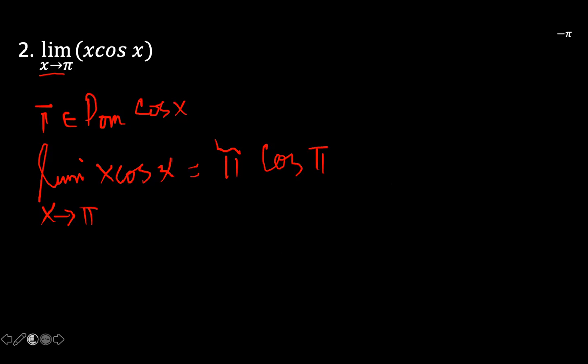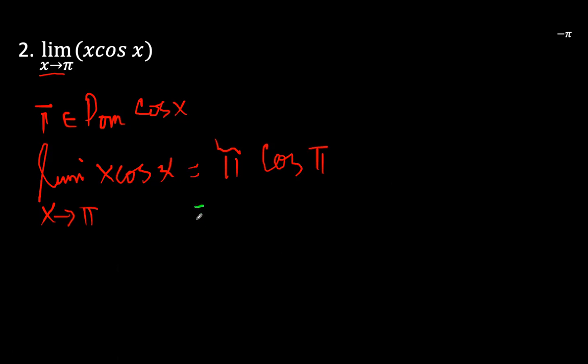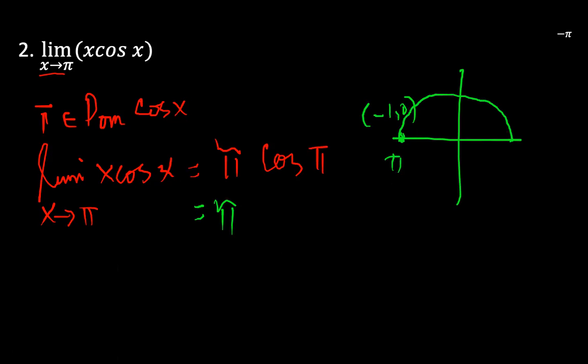Okay, so I'm using red. And here, we need to find the value of cosine pi, and we know that pi is here, and the point here is negative 1, 0. So if we have a circle here, the angle formed is pi.